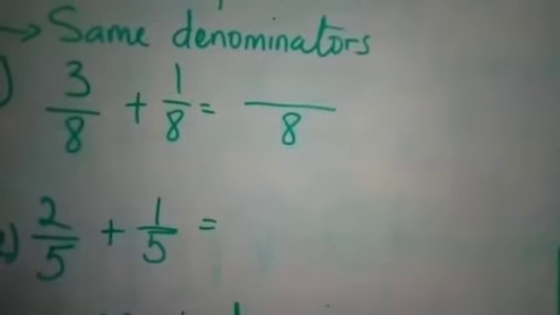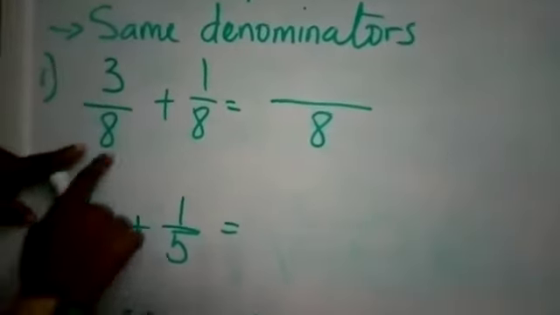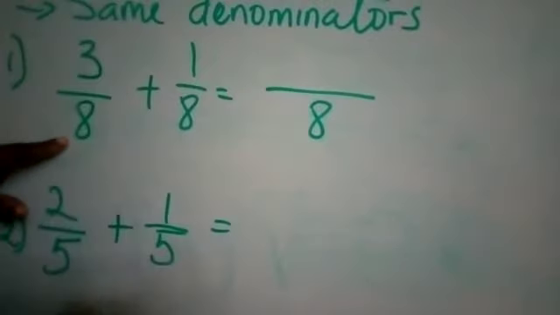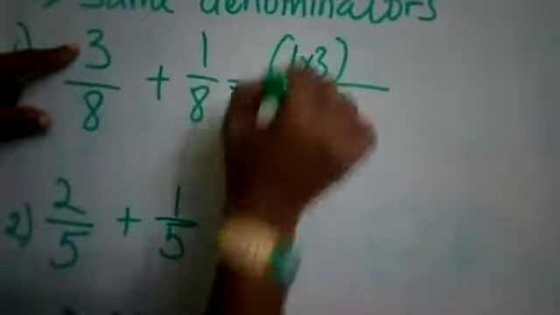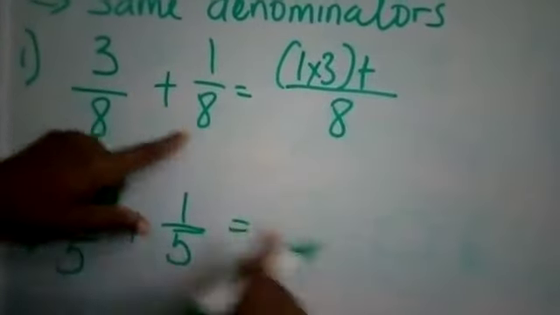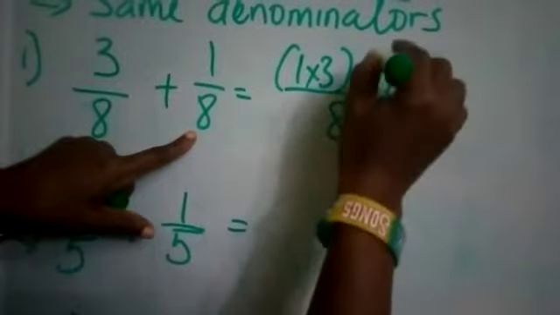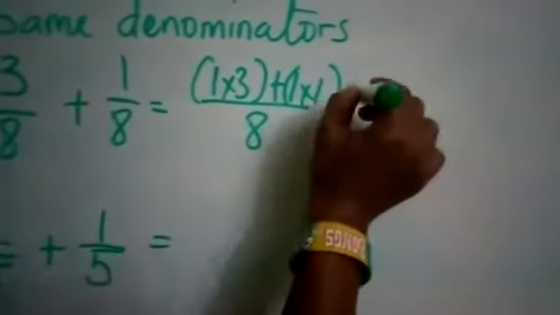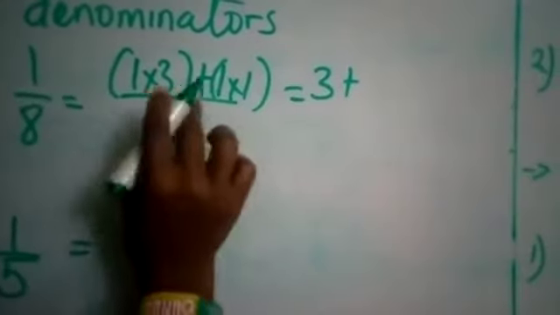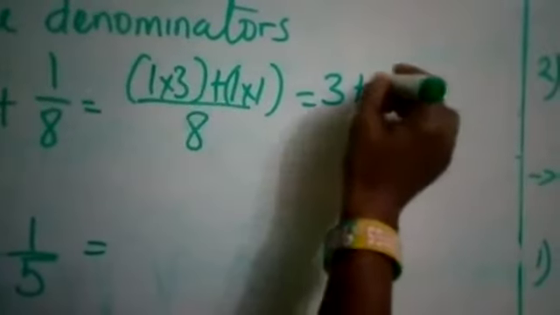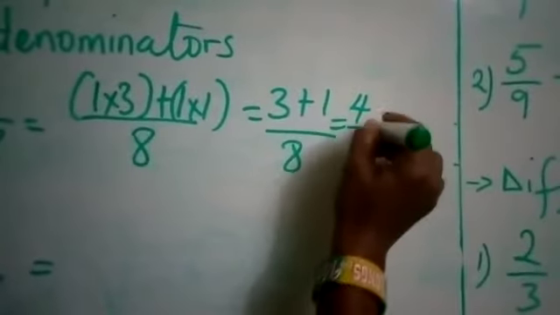Definitely the lowest common denominator will be 8. 8 into this will give us 1 times the numerator 3, plus 8 into this will give us 1 times 1. We solve it out. 1 times 3, we put the plus sign, 1 times 1 over 8, and this will be 4 over 8.